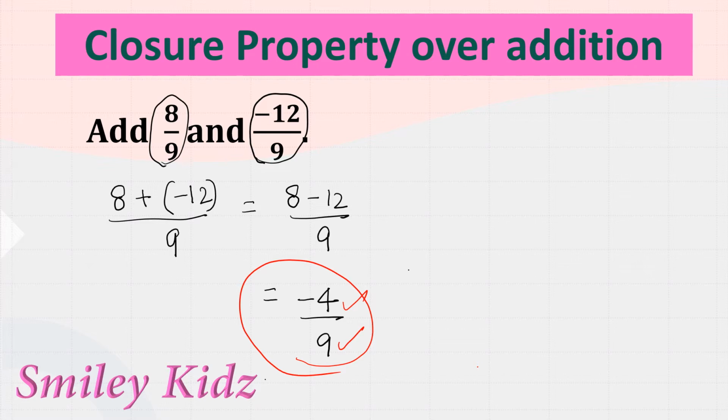So, closure property is satisfied over addition of rational numbers. That is, for any two rational numbers, let's take a by b plus c by d, the result obtained will always be a rational number.